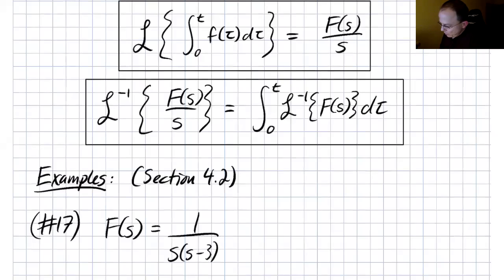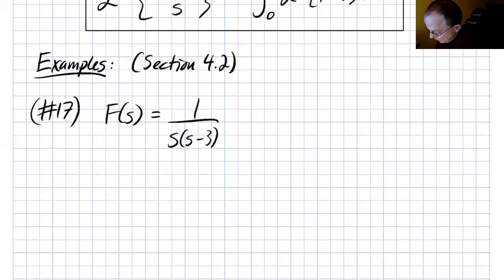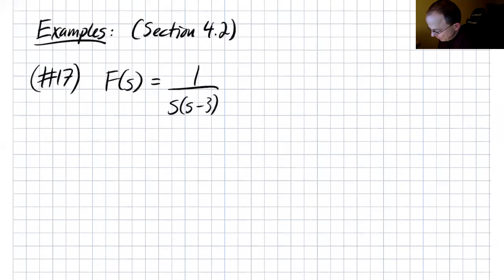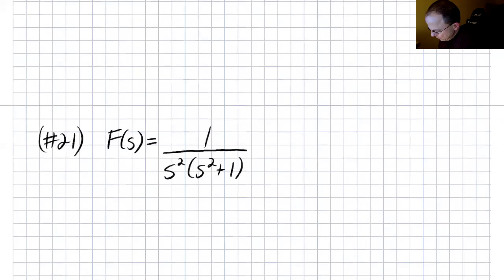Okay, so that means that if we want to do the inverse Laplace transform of some f of s that has a divided by s in it, then we just do the inverse Laplace transform of the f of s, and then we integrate it. So let's do a couple of examples like this. I think there's 2 examples. Yeah, just 2 examples.